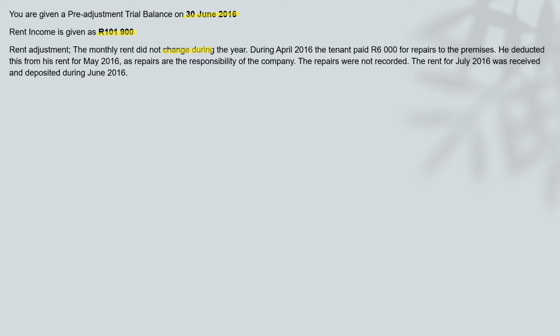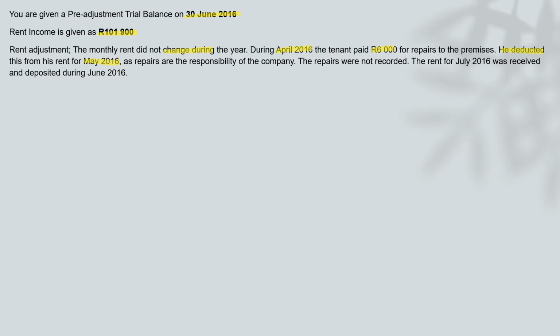During April 2016, the tenant paid 6,000 for repairs to the premises. He deducted this from his rent for May 2016.